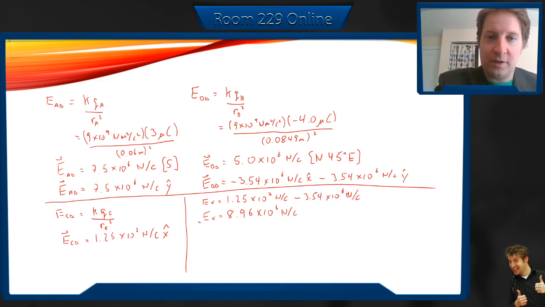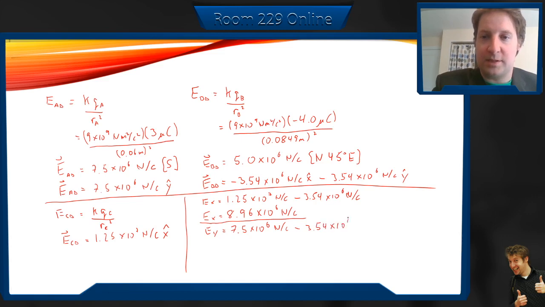And alternatively, doing the same thing for y, which were my y components. I have 7.5 and I have negative 3.54. So 7.5 times 10 to the 6 newtons per coulomb, take away 3.54 times 10 to the 6 newtons per coulomb.